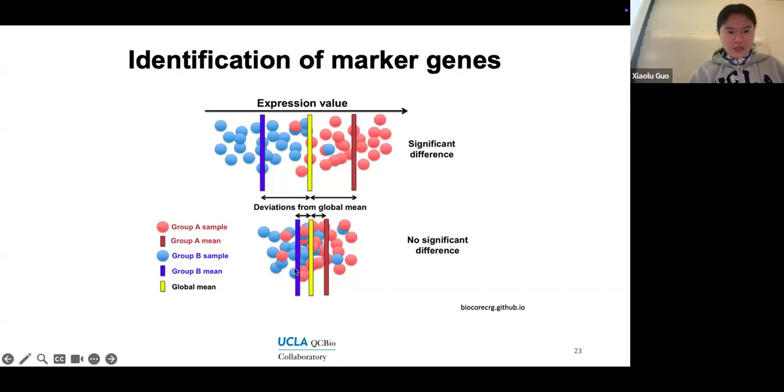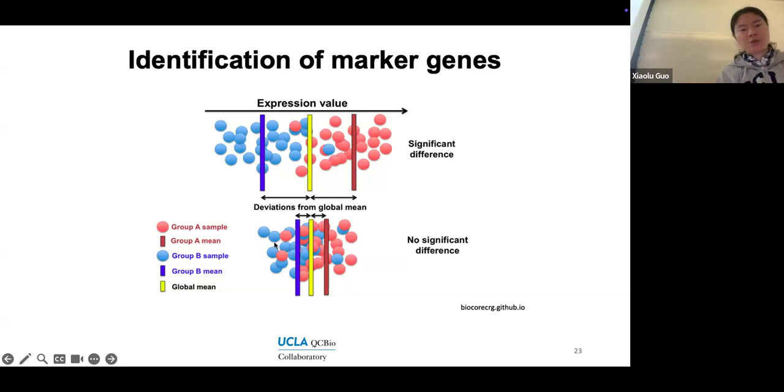And here is another example. Sometimes we may see the gene expression average be different, such as the bar here. However, the spread, the variance of the data, is high compared to the mean difference, which means that these two groups have a lot of overlap.